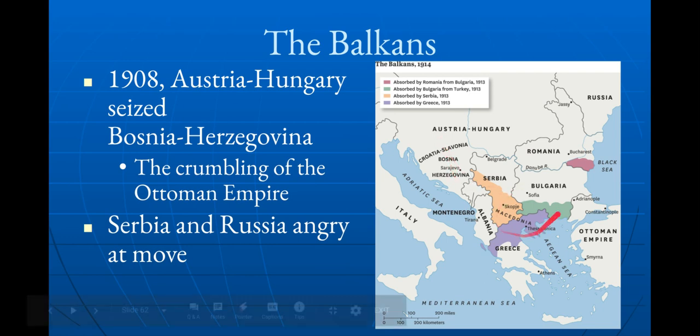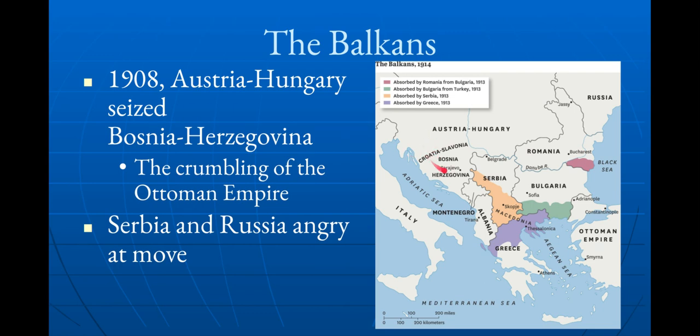Well, these powers, Serbia, Bulgaria, Albania, Greece, Romania here, are looking to expand their power in this very dynamic region. A lot of the reason why is that in 1908, Austria-Hungary moves into the region and takes over this area of what is today Croatia and Slovenia and Bosnia-Herzegovina. And if you remember, there was a pretty terrible war that occurred in that place in the mid to late 90s.